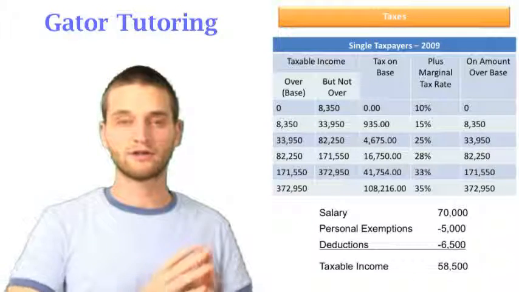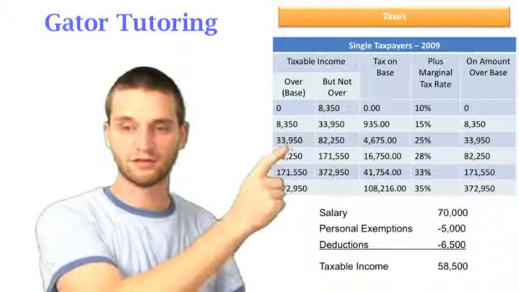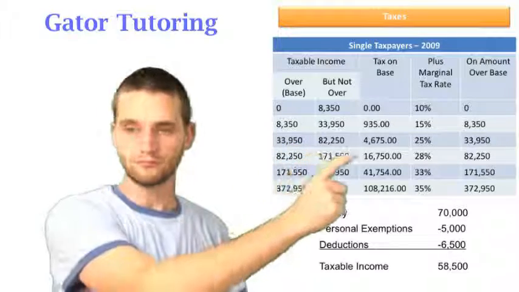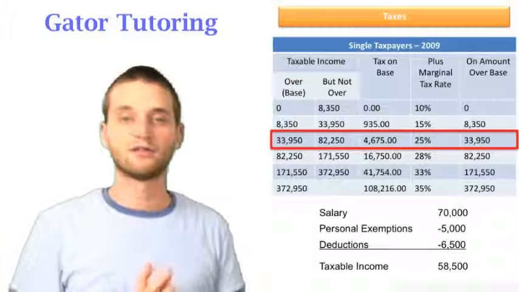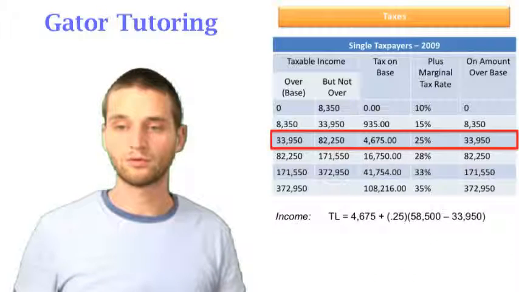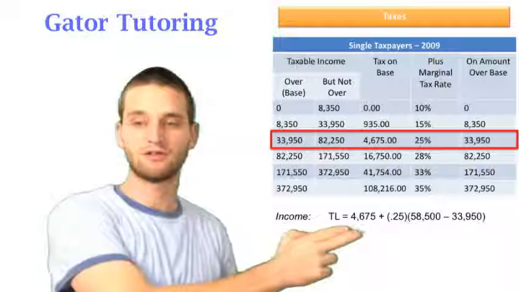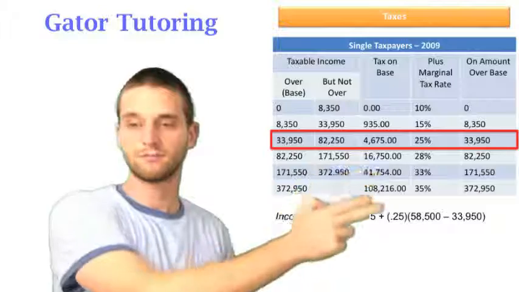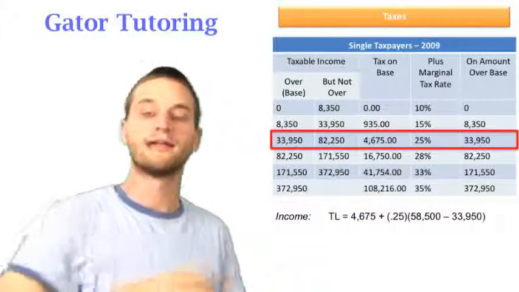Now we want to look where this taxable income falls within these brackets. We can see it's going to be in the third one because it's over the base of $33,950 and it's not over $82,250. So this is the row we're going to use to find out what this individual's tax liability is. The tax liability is equal to the tax on the base, which we get right here, the $4,675, plus the marginal tax rate of 25% on any amount that he's making over the base.